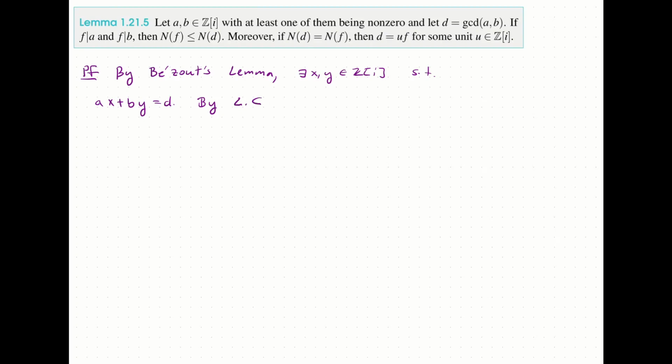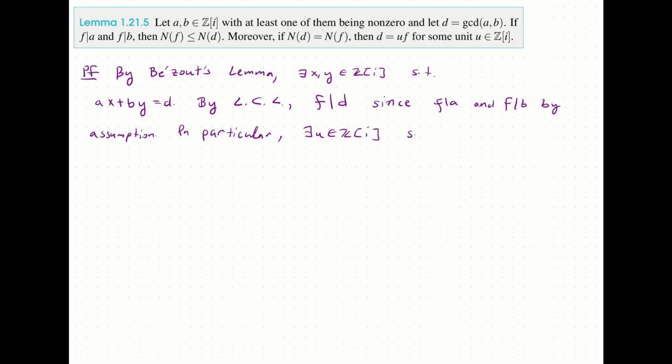By the linear combination lemma, which we have for the Gaussian integers, f divides d, since f divides a and f divides b by assumption. In particular, there exists some u in the Gaussian integers such that f times u is equal to d.